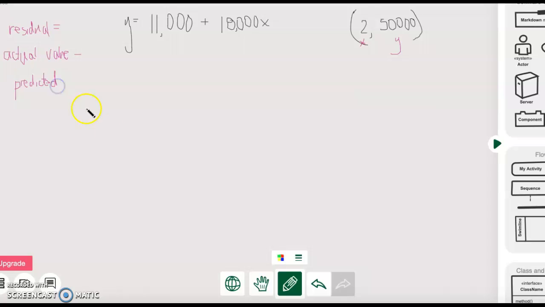So, a few important things. Sorry, the predicted value is the number we're going to get when we plug a value into the equation. So for me, I'm just going to label the equation with predicted, just so I can keep straight in my mind that this is how I'm going to be calculating my predicted value, by using my equation.